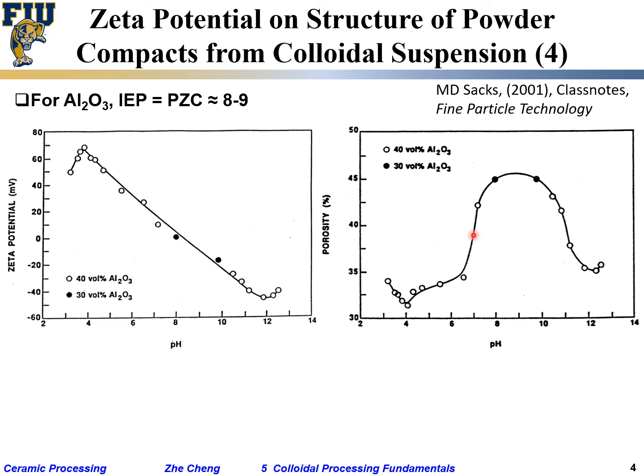Lower zeta potential, the particles come together quicker, sediment quickly, and don't have enough time to pack dense. As a result, it has higher porosity. On the other hand, if we are at pH much lower, 4, or on the other side, much higher, I would end up with lower porosity.